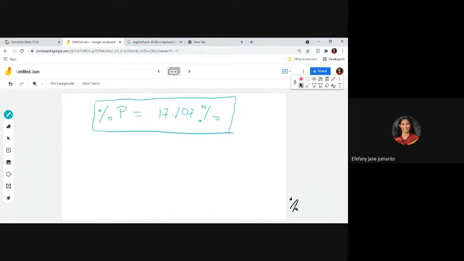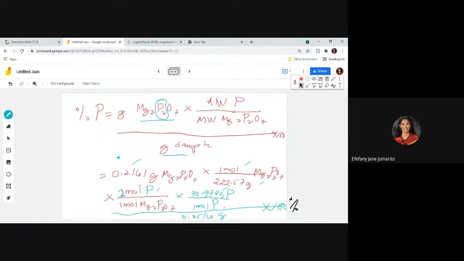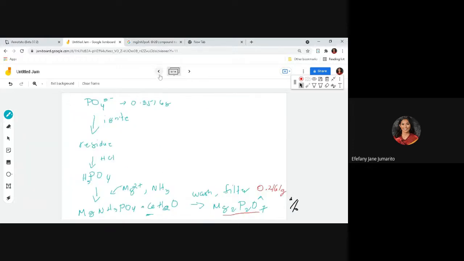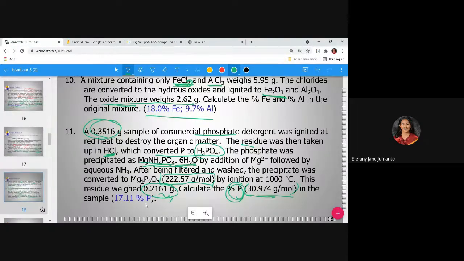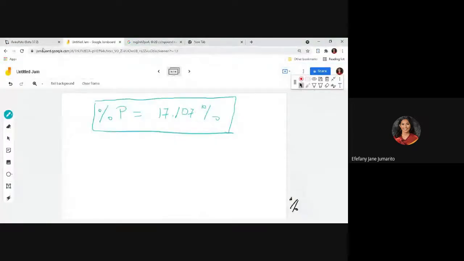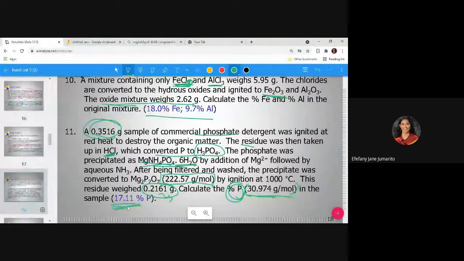The remaining percent consists of other elements like oxygen, magnesium, and nitrogen. So we got the correct answer.